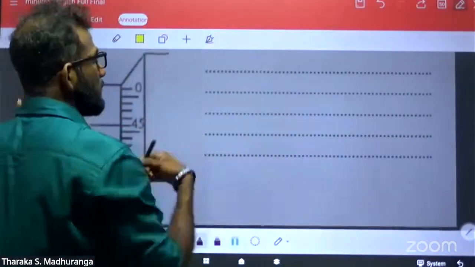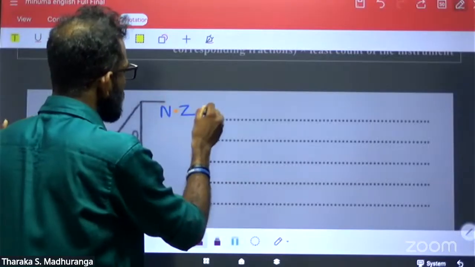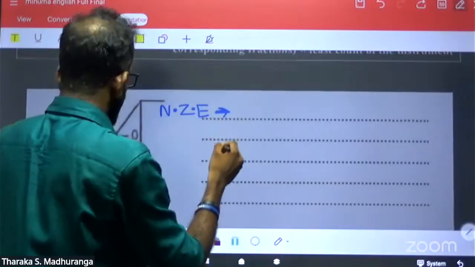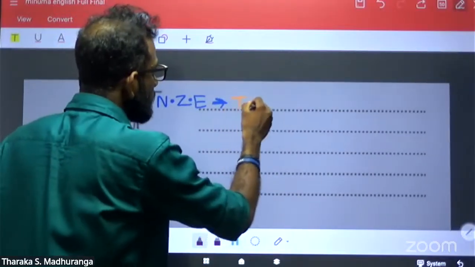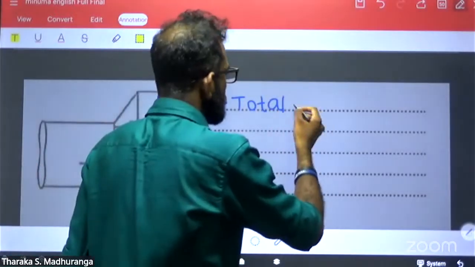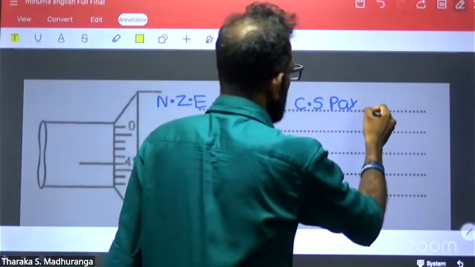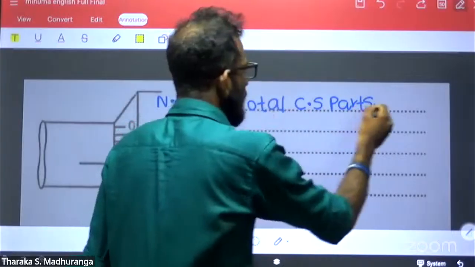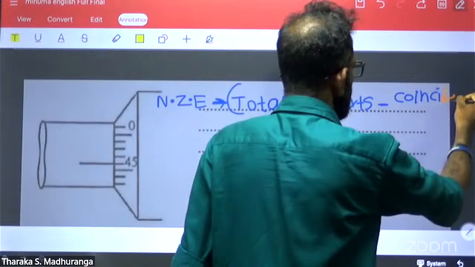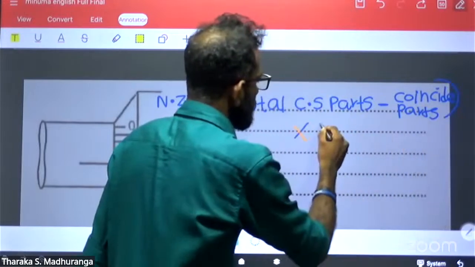Then the negative zero error, we can get the total, remember the equation, total circular scale parts minus coincide parts, multiplied by the least count.